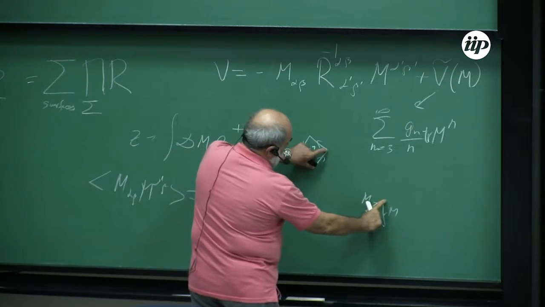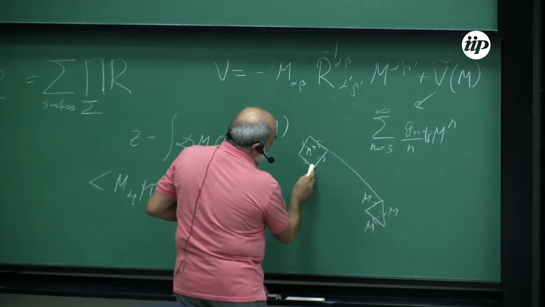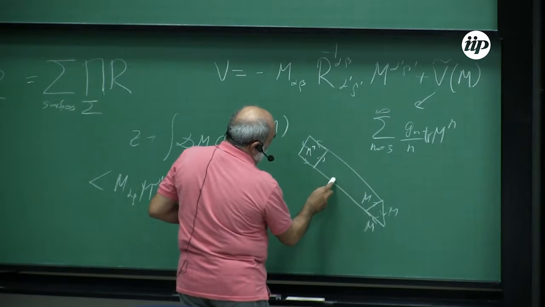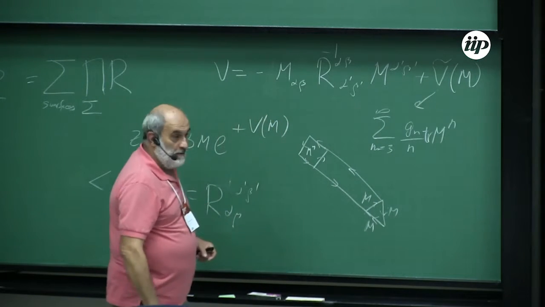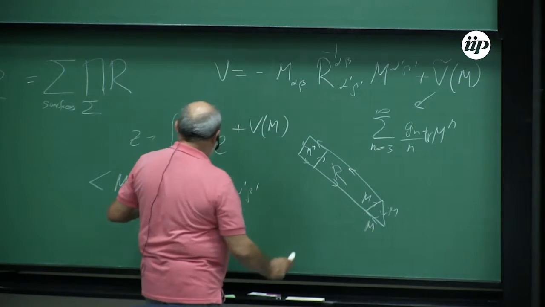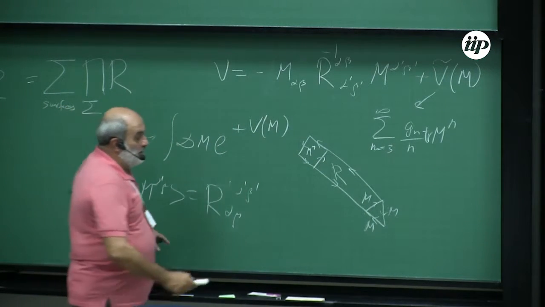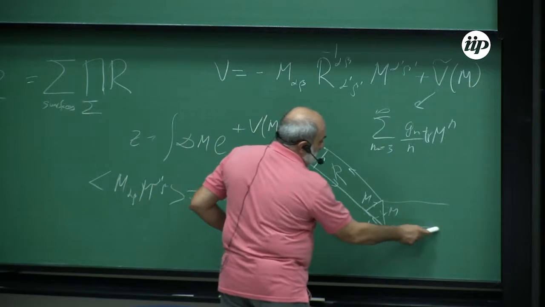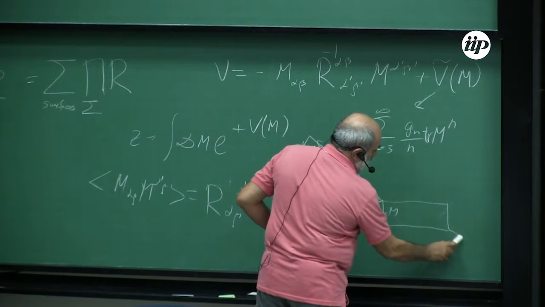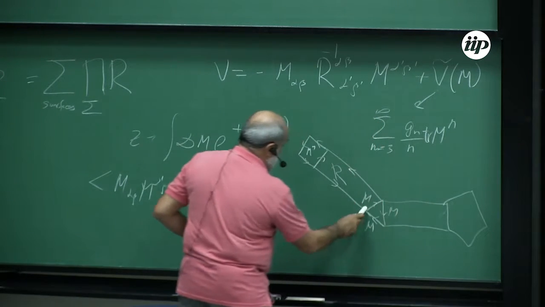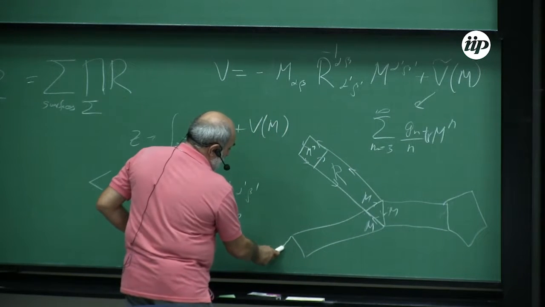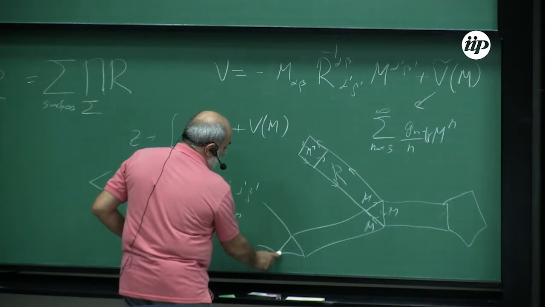So I can make a propagator, put a propagator between them with R, this propagator. And then put another propagator here for any other vertex, and then the third one here, and so on.